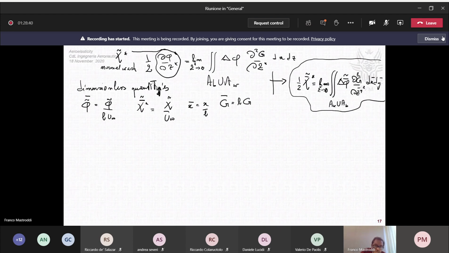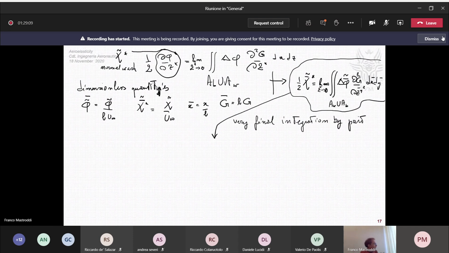Now the very last process is a very final integration by part, which is the last part of my lesson today. I think that integration by part, Gauss theorem, and related issues are the main mathematical physics concept useful for engineering.